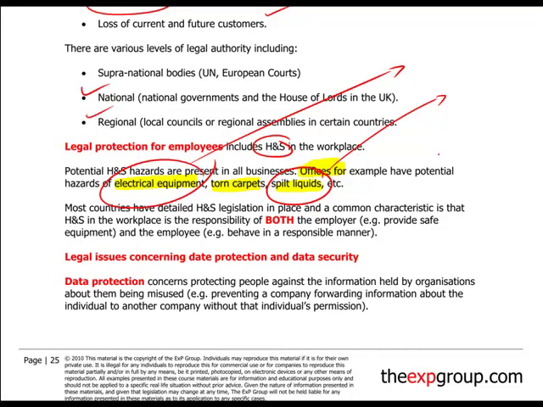Most countries will have detailed legislation in place to protect employees under health and safety legislation. You don't need to know every single piece of legislation around the world, that would be physically impossible. But a common characteristic, which is quite important, is that health and safety in the workplace is the responsibility of both the employer and the employee.